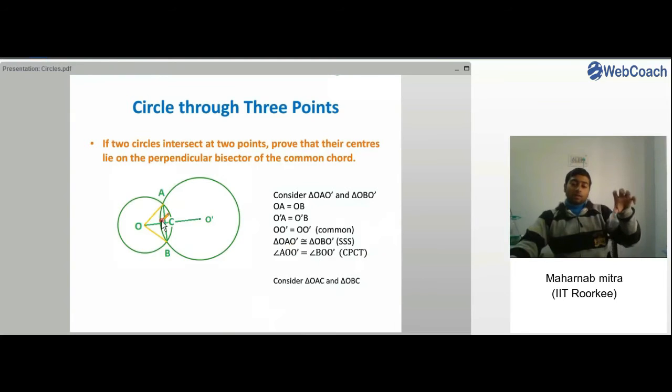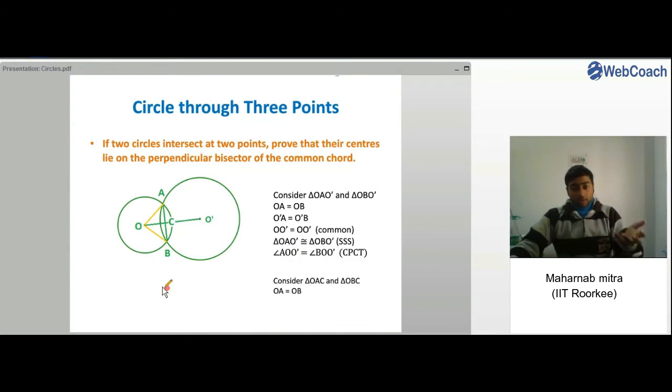Now to include AB within the triangle, we have considered two smaller triangles with sides OA, AC and OC, or triangle AOC, and we have considered one more triangle which is OBC, right? Triangle OAC, this one, and triangle OBC, which is this one. We are considering these two triangles, right?